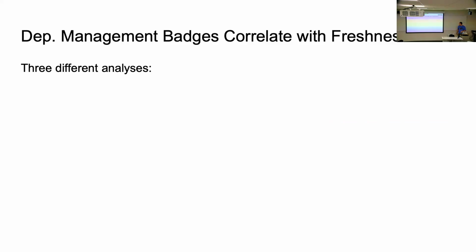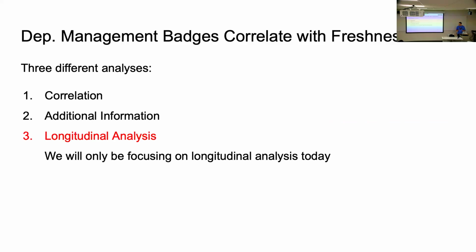To do this, there's 3 different analyses in the paper. They use correlation, this other one called additional information, but I'm not going to go into any details about these. What I'm going to focus on is the longitudinal analysis that they perform.